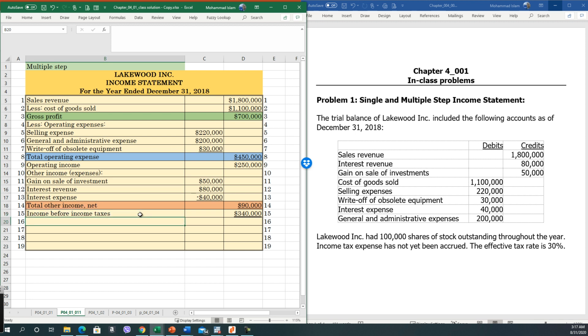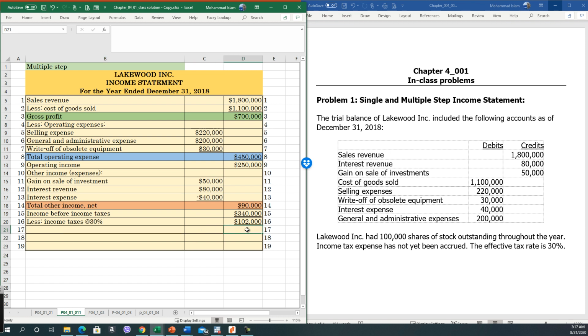Okay, less income taxes. The rate of income tax is 30%. So it should be equal to 340 multiplied by 0.3, 102.